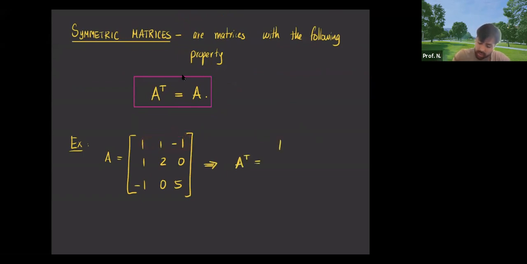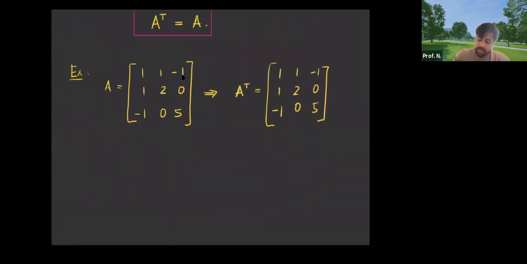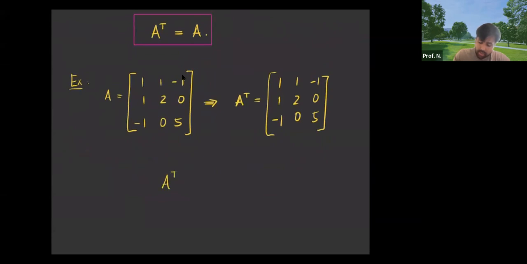So this becomes 1, 1, negative 1. The second row becomes the second column in the transpose, 1, 2, 0. And then lastly, I get negative 1, 0, 5. And in finding the transpose, I realize that A transpose is equal to A. So hence, A is a symmetric matrix.